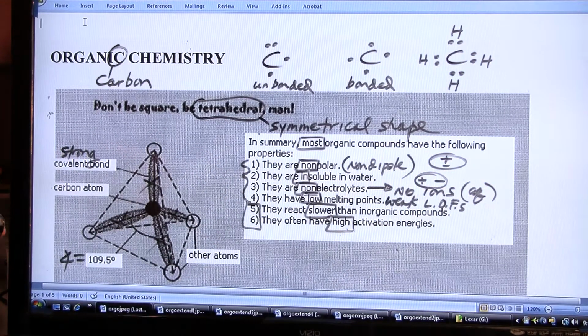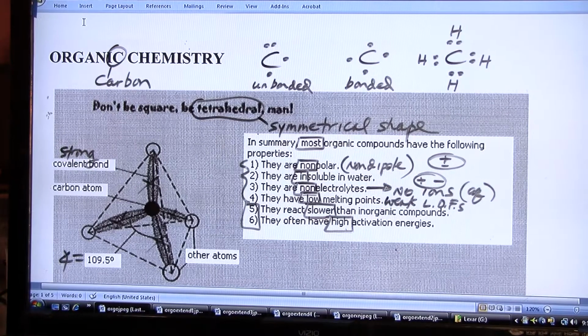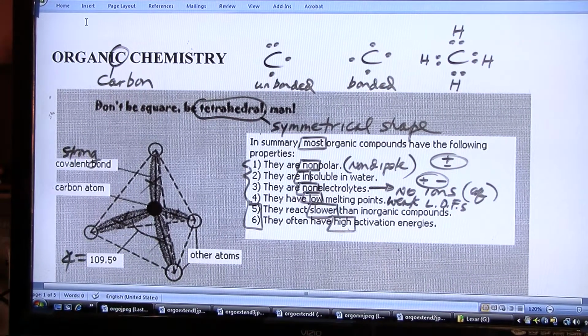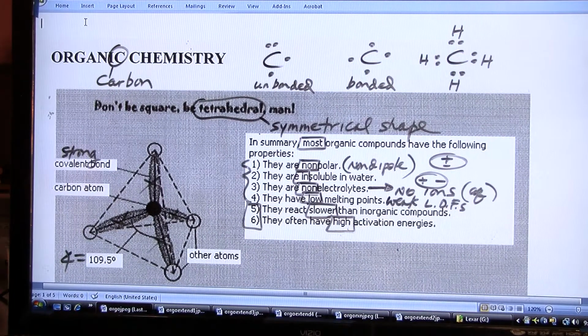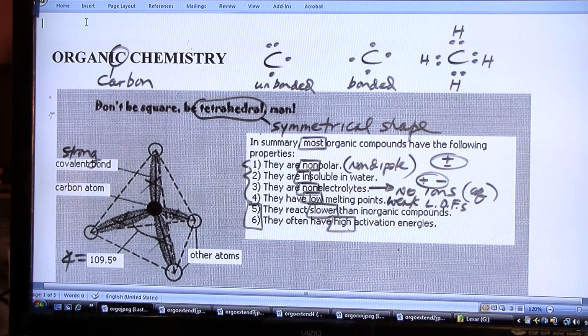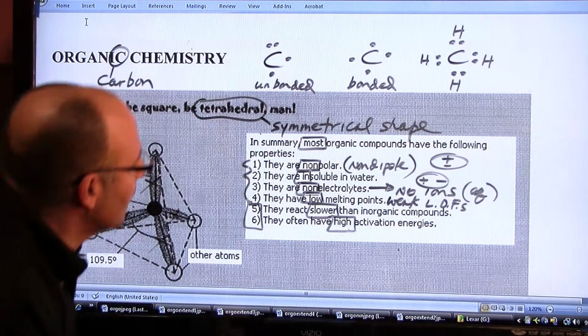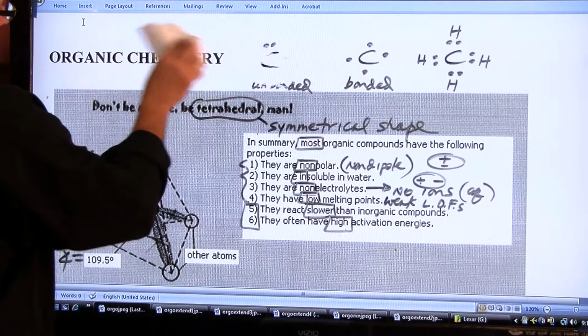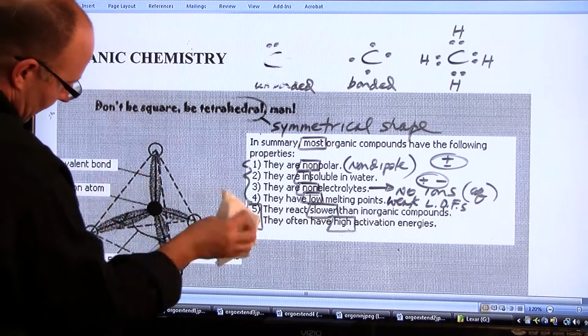All right, that's pretty much it for the top panel here, as far as I can remember. So why don't we erase and then continue to cover organic chemistry, at least the first page here on it.